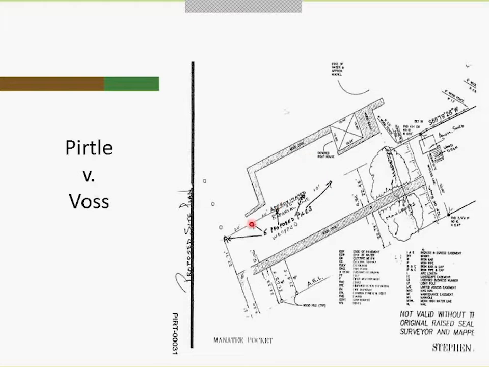So at the end of the day, the Pirtle case is an example of you cannot completely obliterate a person's vessel access to a dock by fencing off your riparian area.